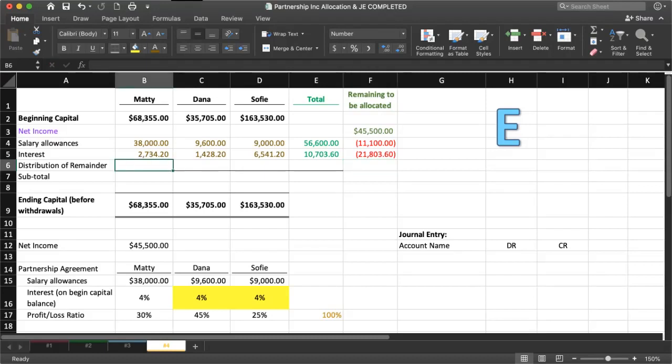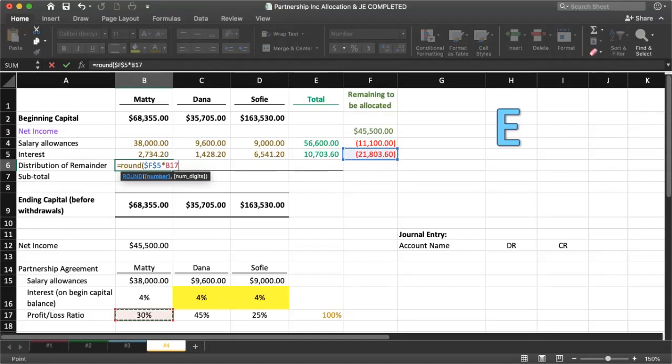All right, so we're going to take the remainder, which is $21,803.60 negative, tack that down, multiply it by Mattie's ratio of 30% for profits and losses, and round it to the nearest penny. So we're going to take the remainder to be allocated. In this case here, it's a negative amount. Multiply it by the profit and loss ratio for Mattie.